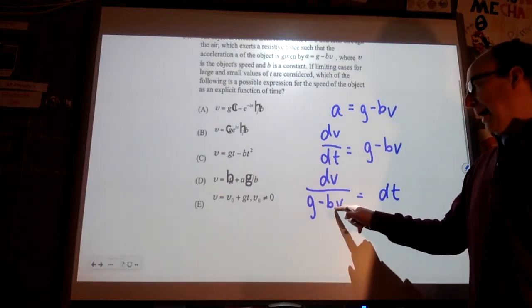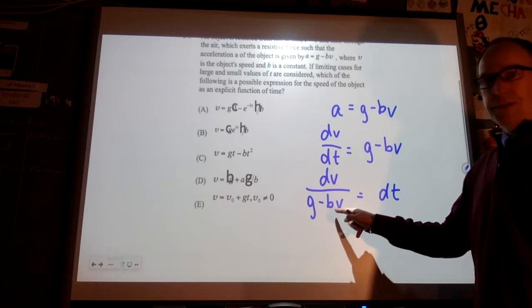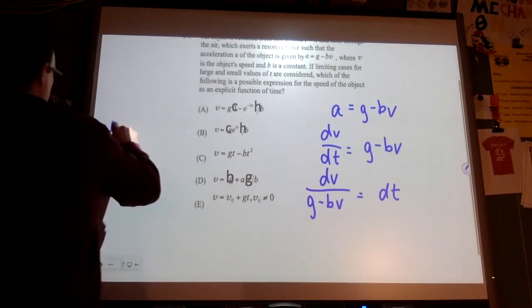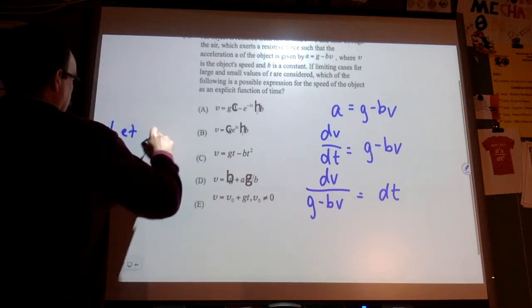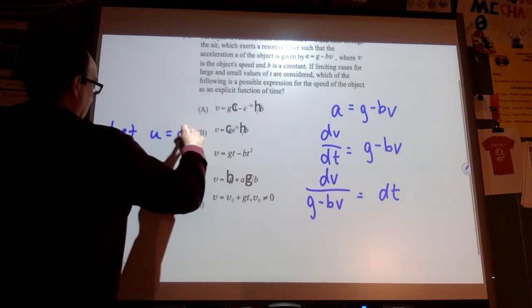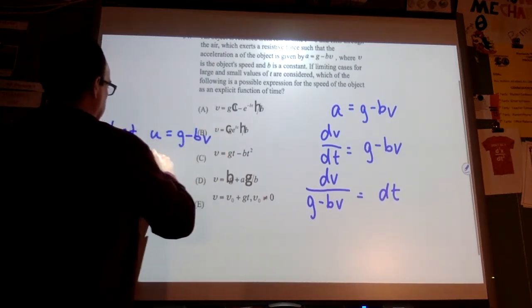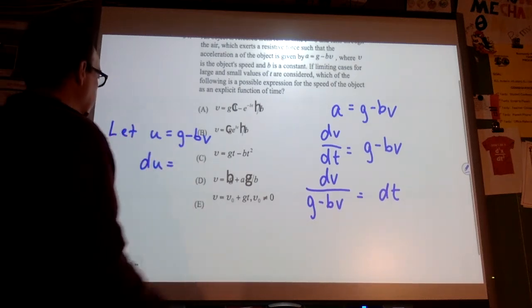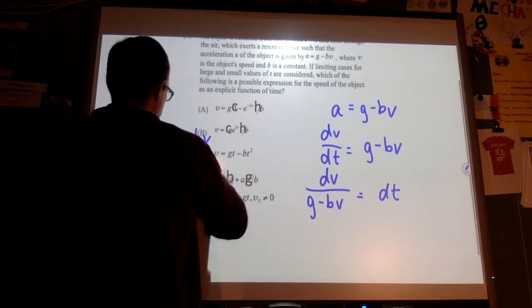All right, so I don't want to integrate this, so I'm going to do a u substitution, and I'm going to let u equal g minus bv, and so that's going to mean that du is going to be equal to minus b dv.